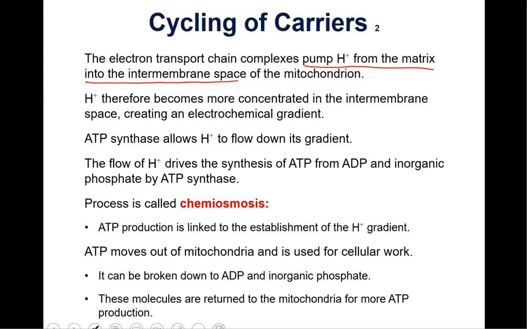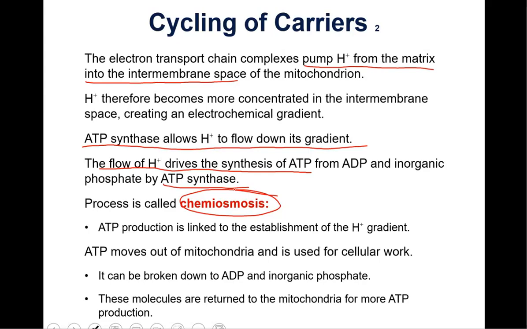And then ATP synthase allows hydrogen ions to flow down their concentration gradient back into the matrix of the mitochondria. The flow of hydrogen ions is going to drive the synthesis of ATP through the enzyme ATP synthase. This entire process is called chemiosmosis.